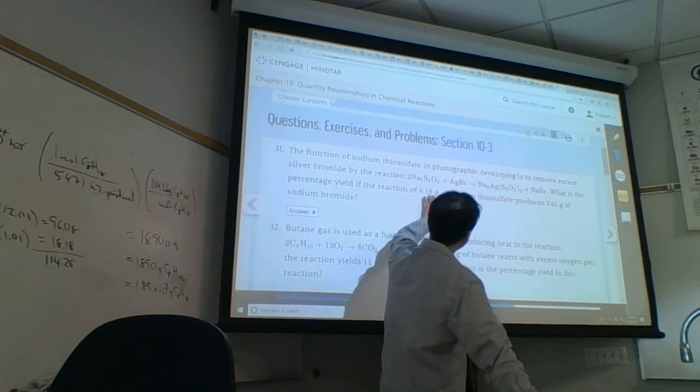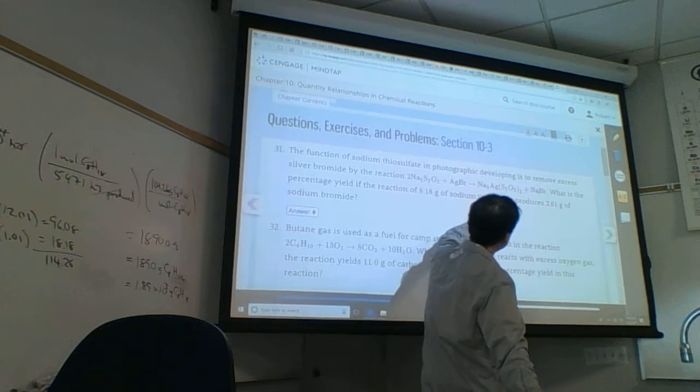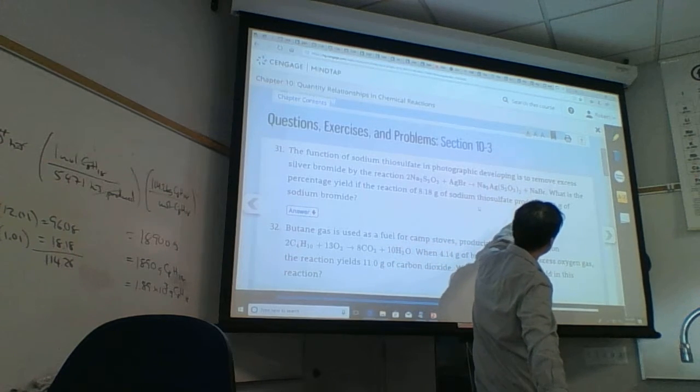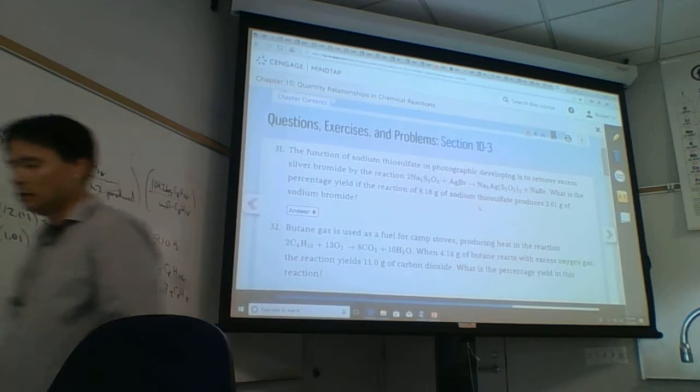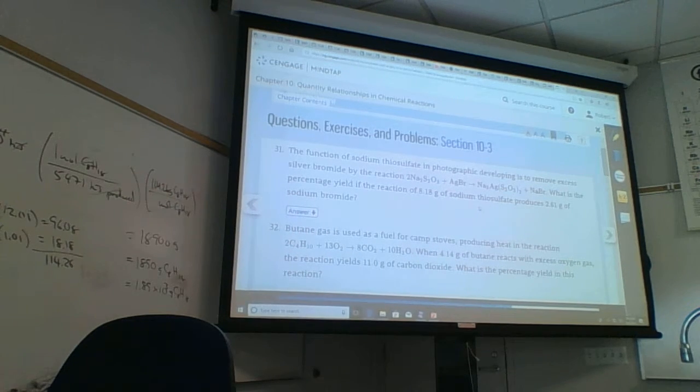So based on 8.18 grams of sodium thiosulfate, what is the theoretical yield of sodium bromide? Calculate that. From that, we can get the percentage yield. The percentage yield is the actual yield, which would be 2.61, divided by the theoretical. Usually it's less than 100% because of loss.